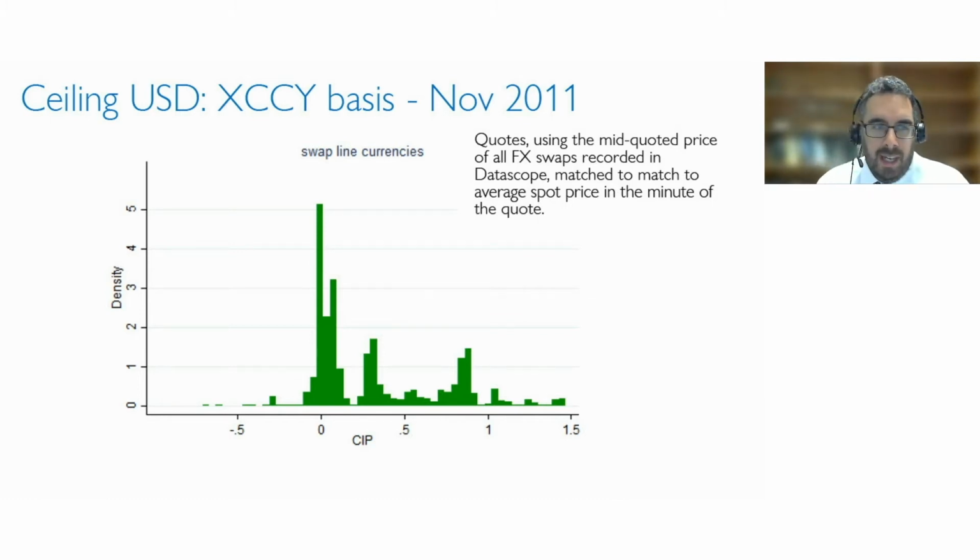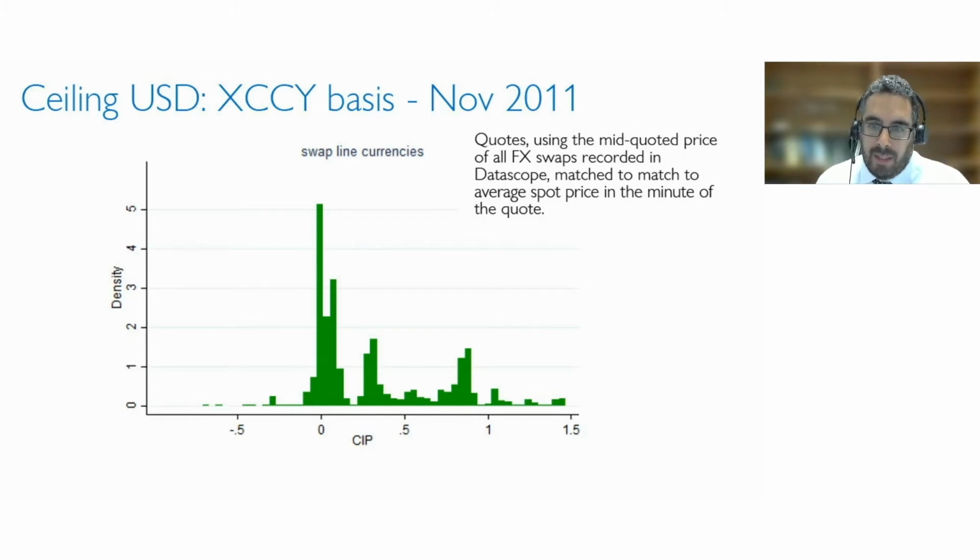So this is for the US. In November 2011, the Federal Reserve cut the penalty rate it charges on the swap line from 100 basis points to 50 basis points above OIS. So prior to that cut, what I have here is plotting the distribution of the cross-currency basis using high-frequency tick data for the month of November.